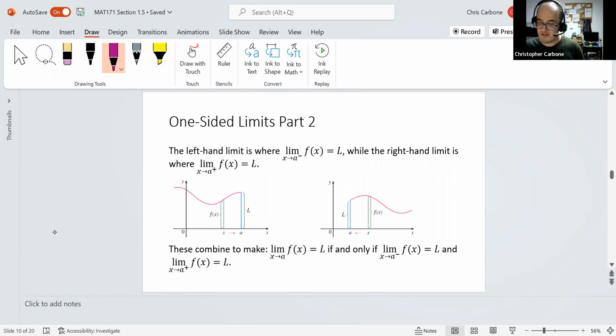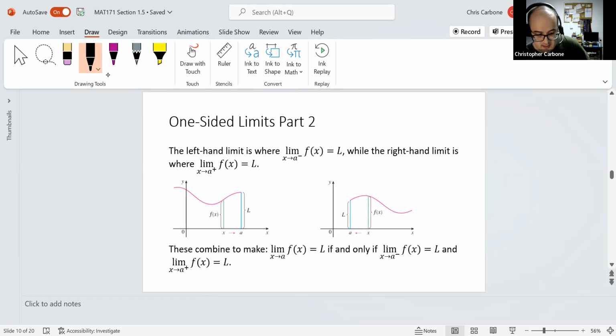So the left-hand limit, as we were just saying, is where the limit as x approaches a from the left, that negative aspect on there, of f of x is L, while the right-hand limit is where the limit as x approaches a from the right of f of x is equal to L. That just is shown in both of these graphs.